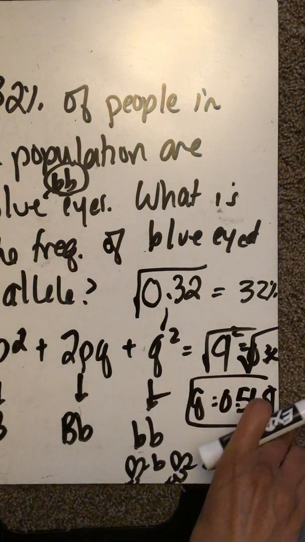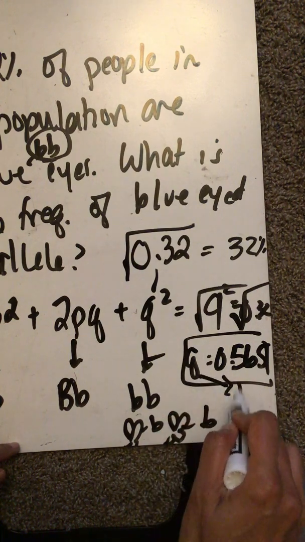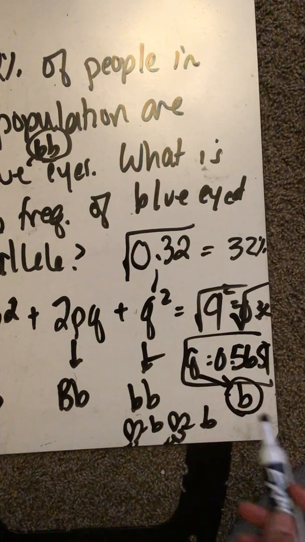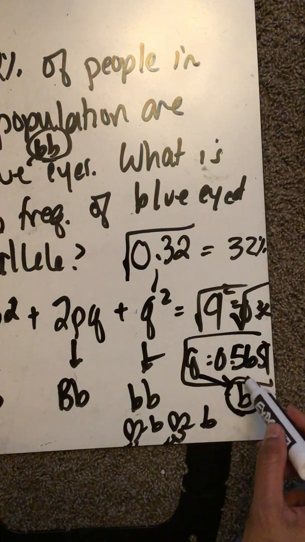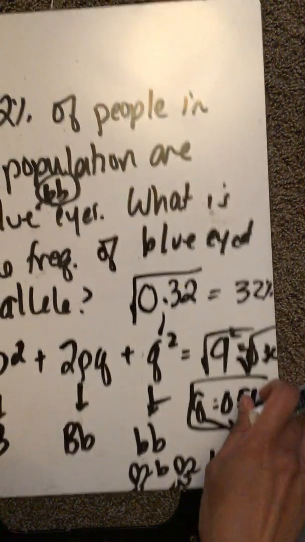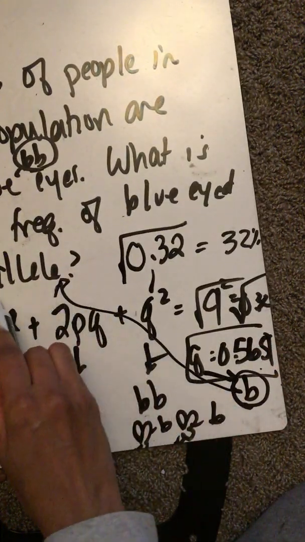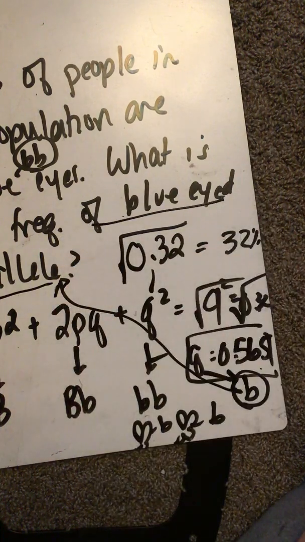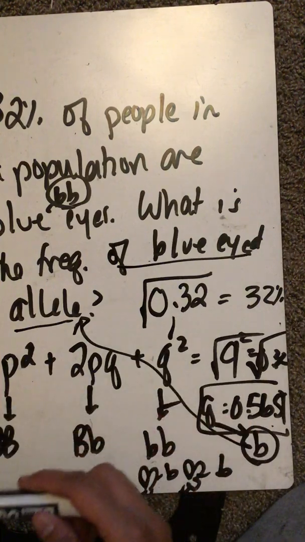Okay, so what did you just solve there? Well, you just solved that little b is equal to 0.565. And so now that you know this, you've just calculated the frequency of that blue-eyed allele. The individual allele, you just figured that out.